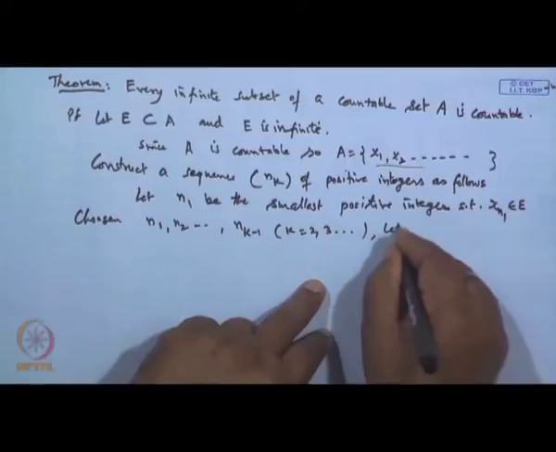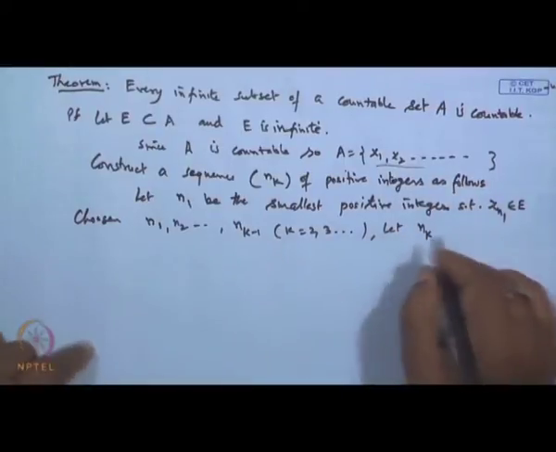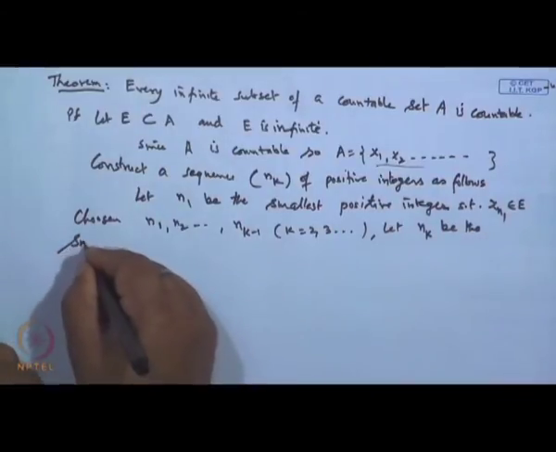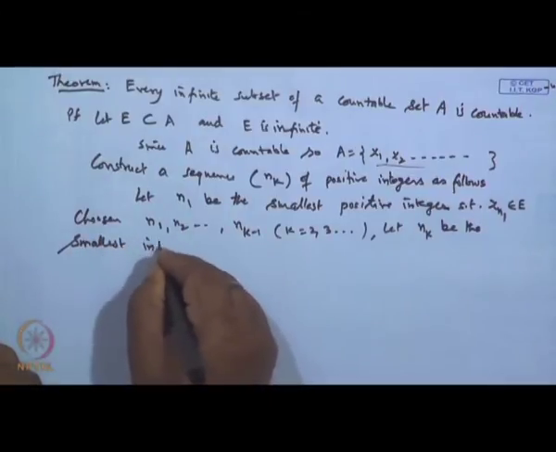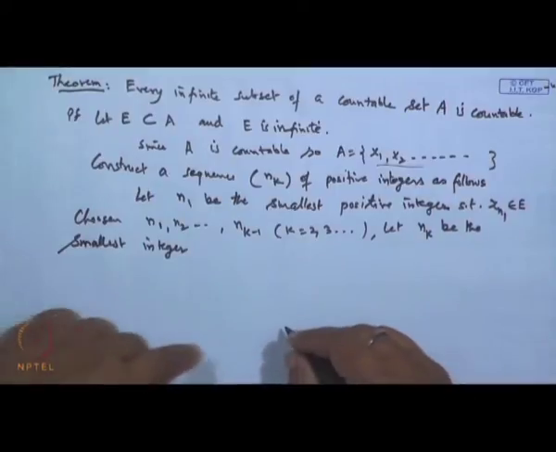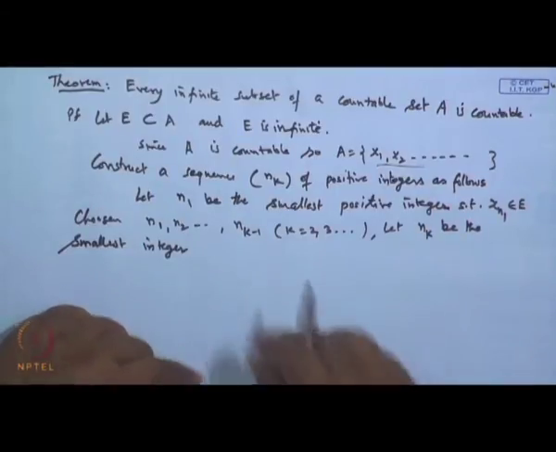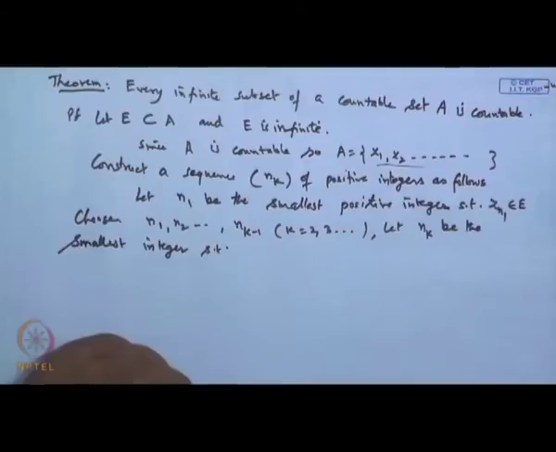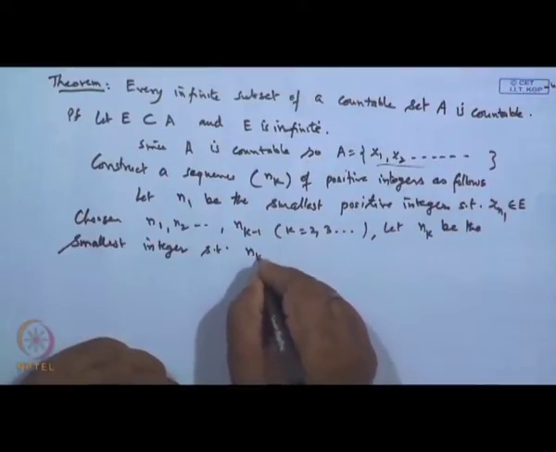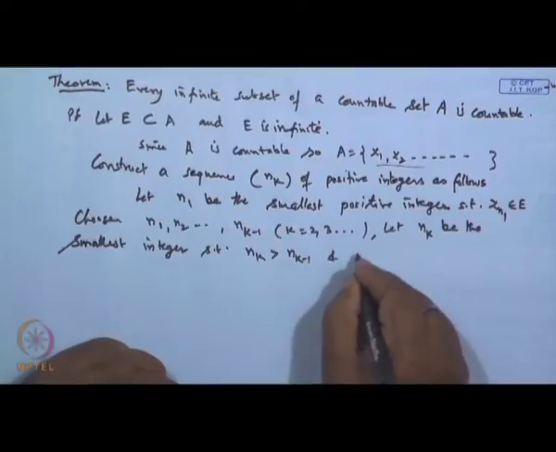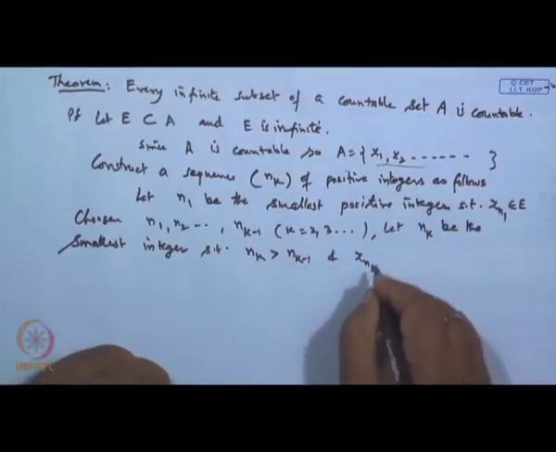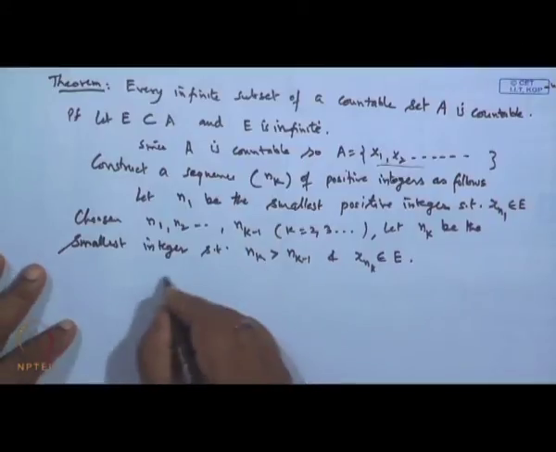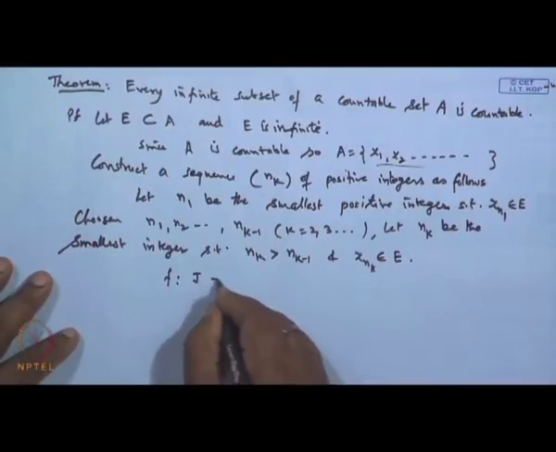Let us take n_k to be the smallest integer such that n_k is greater than n_{k-1} and the corresponding term of the sequence x_{n_k} belongs to E. Okay.